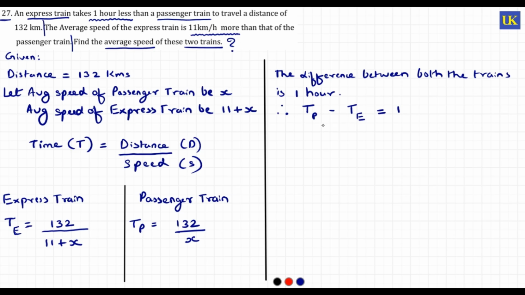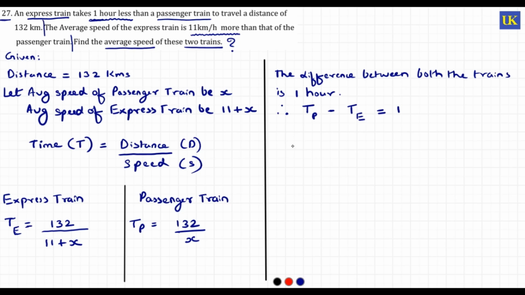Which train is going to take more time? The passenger train, the train which is going slow, is going to take 1 hour extra. So the time of passenger train minus time of express train is equal to 1, because it is given in the question. Okay. So with respect to the question I have written this.